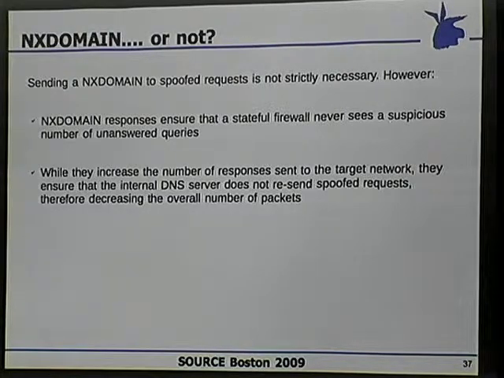Also, since we are responding to the DNS server of the network, sending an NX domain, we make sure that the DNS will not start sending and resending the request in order to try to complete it, which means that overall it will not create user traffic. Obviously, if you send an NX domain to a host that hasn't requested any DNS data, that might trigger an ICMP port unreachable.